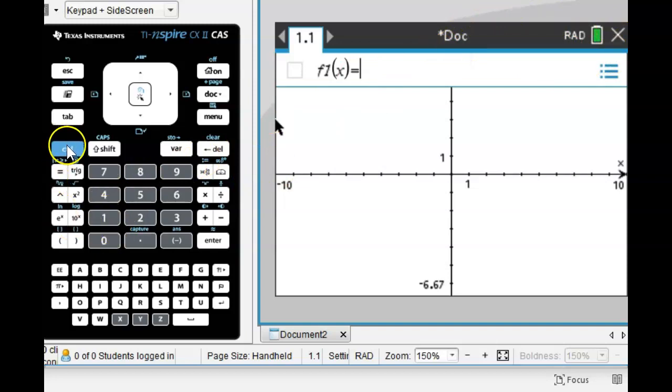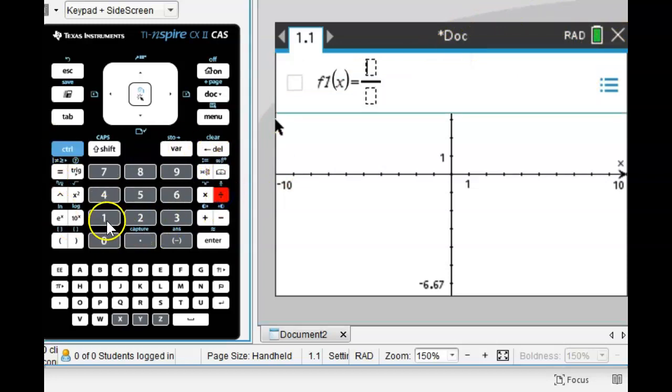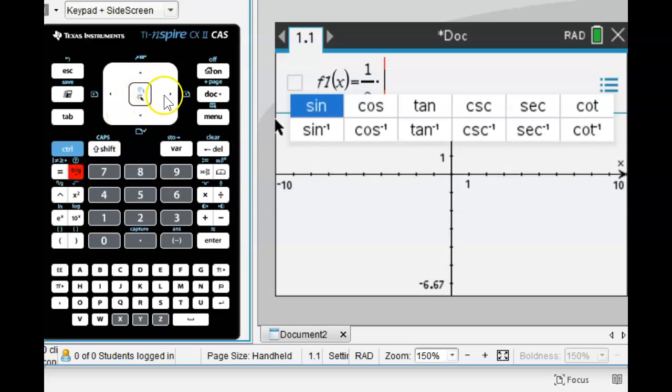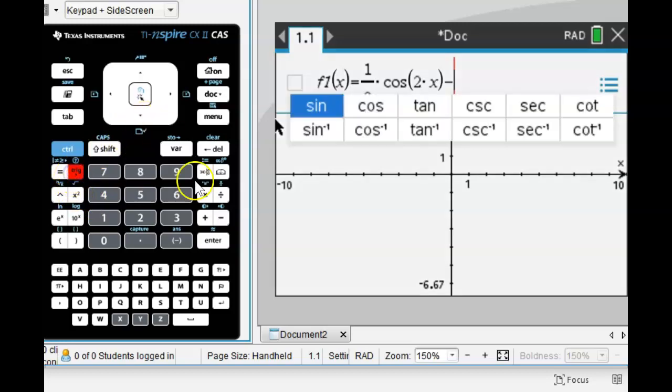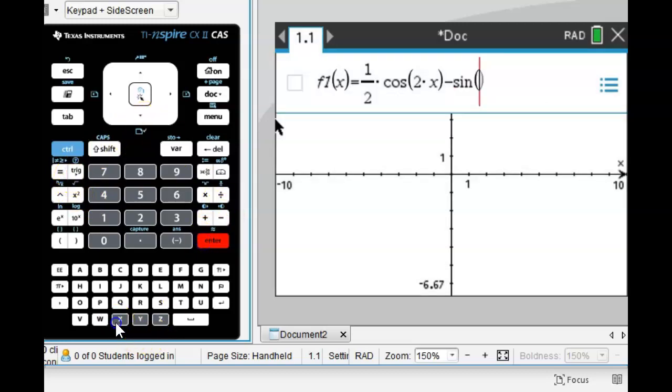So I'm going to type half times cos 2 theta. Obviously we can't use theta in our calculator, so I'm going to use x instead of theta. Cos 2 times x minus sine theta, so sine x in this particular case.